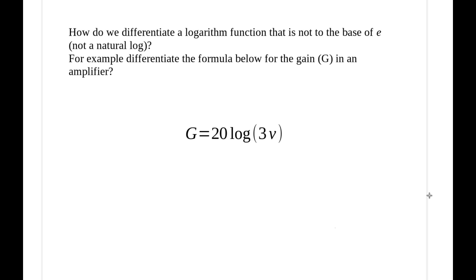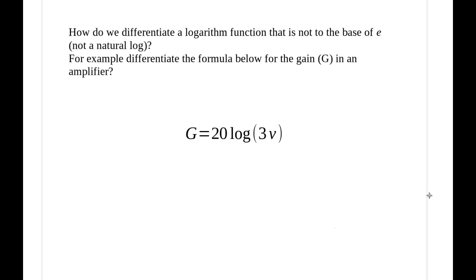We've got the formula for the gain of an amplifier. So the G for gain equals 20 times the log of 3V. So that's a proper formula. The bit in the brackets would be the gain in voltage divided by the input voltage, and this is just another way of looking at it.